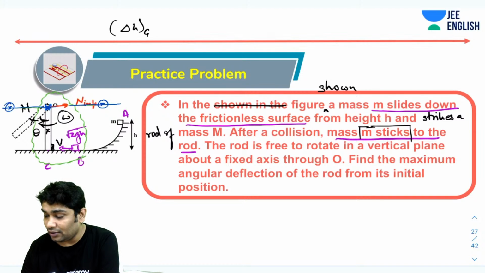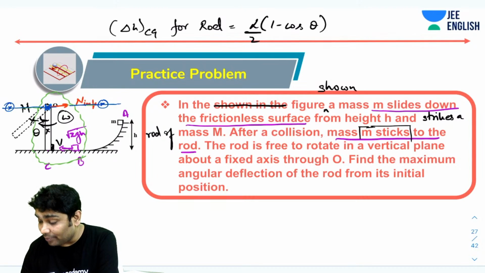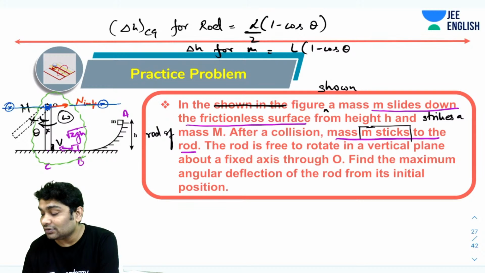So delta h for the rod would be L by 2 times 1 minus cos theta. And delta h for m, how much would that be? That would be L times 1 minus cos theta.